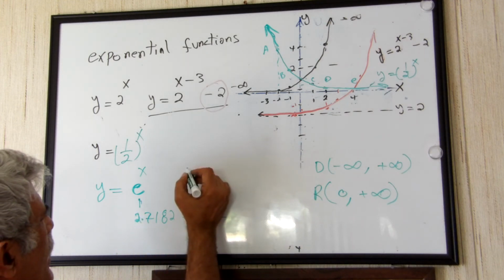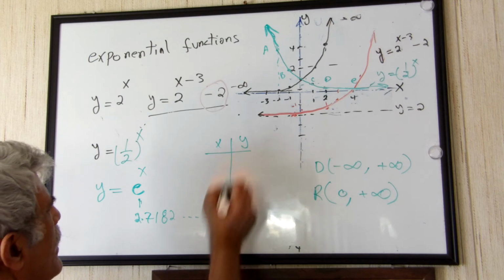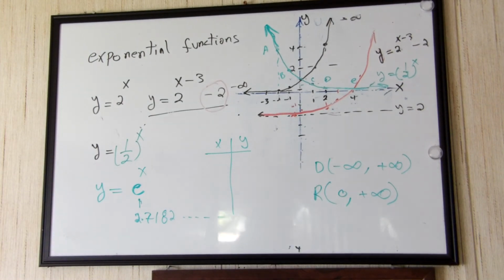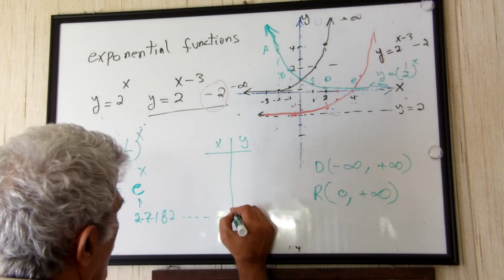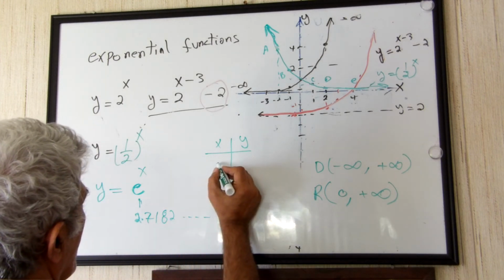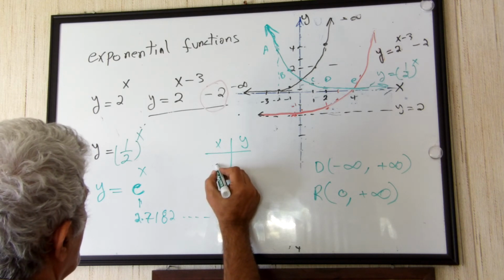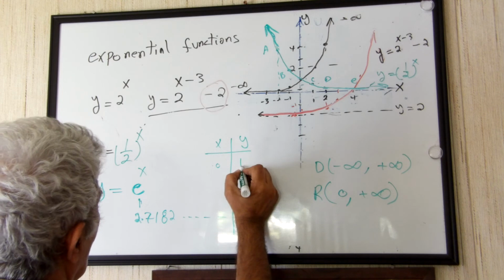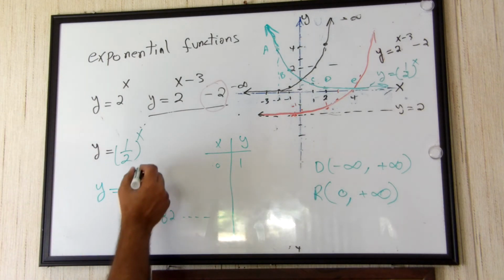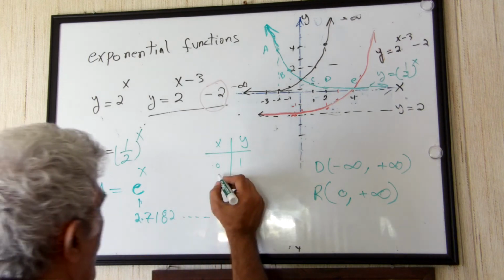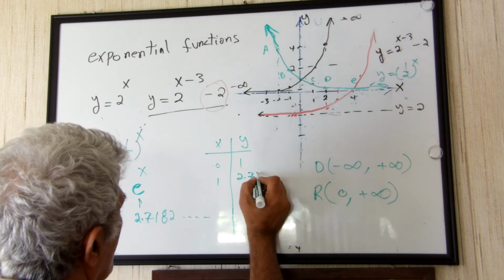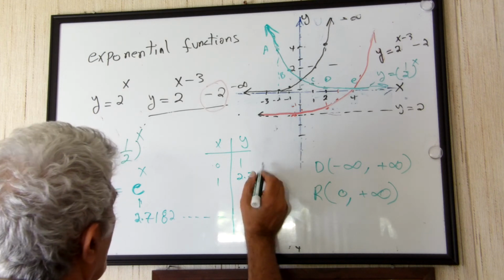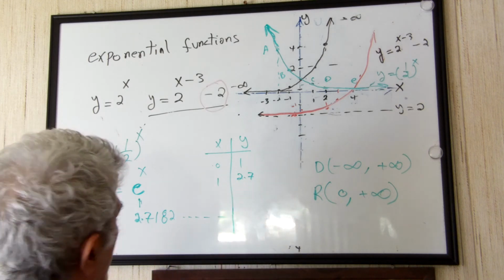It's the same thing with x and y. We give a value to x and we find the y value. If x is 0, y is going to be 1, since e to the power of 0 is 1. If it's 1, it's going to be 2.7; we say 2.718, rounded to one decimal place, 2.7.